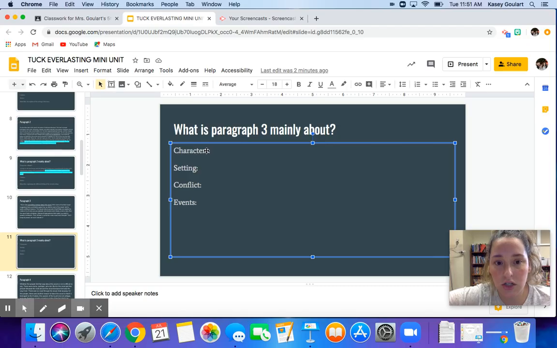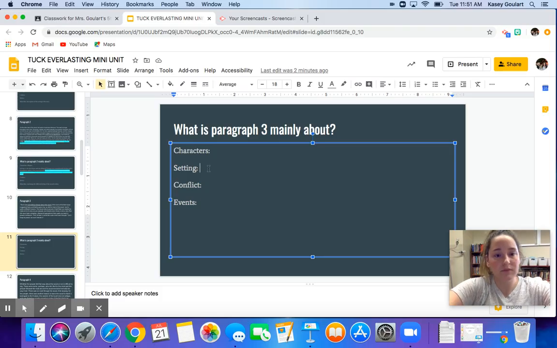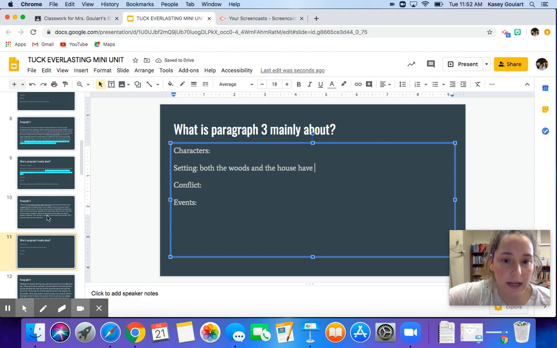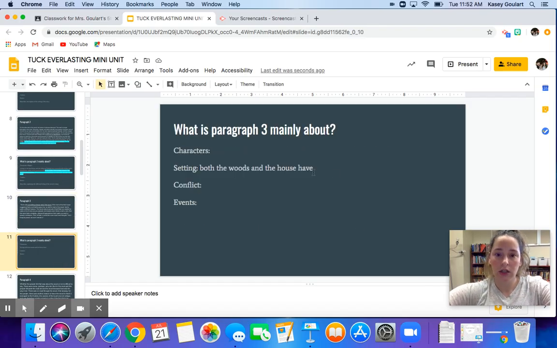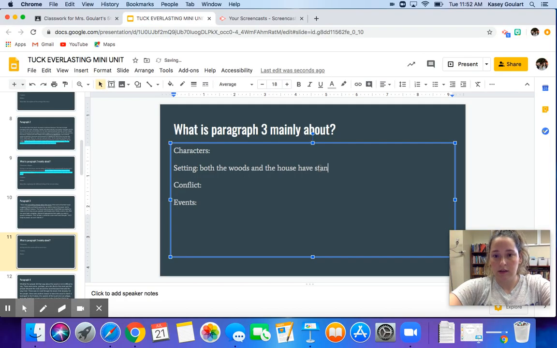What is it about? Characters? Nope. Setting. Not new, but described better. Conflict? Nope. Events? Nope. So setting. Here we go. It says both the woods and the house have, let me click back and see, have a you better pass by me kind of look, a standoffish feeling, but I put but in all caps for different reasons.